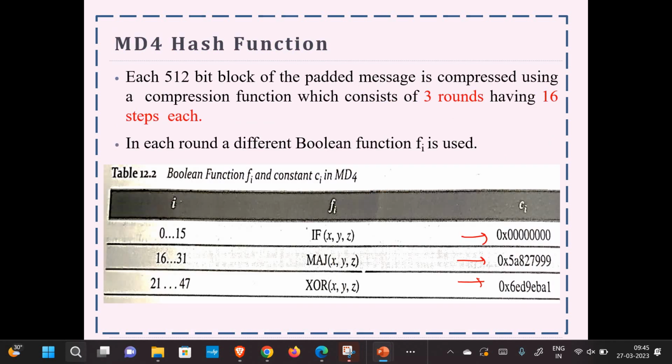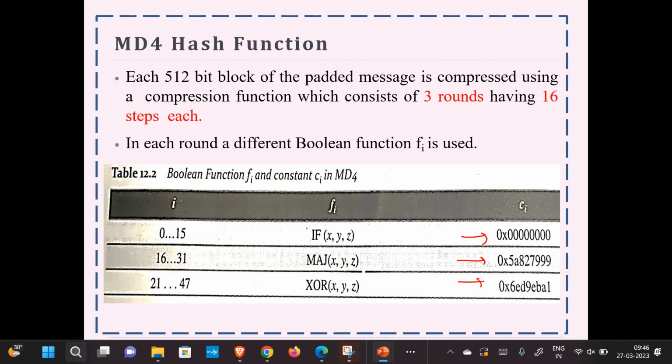So when you are in rounds 0 to 15, with the function working as f, the constant matrix will be all zero. Same way, when you are in the 32 to 47 range, round 3, your function is XOR of x, y, z. This is my hexadecimal notation. This is again standard.